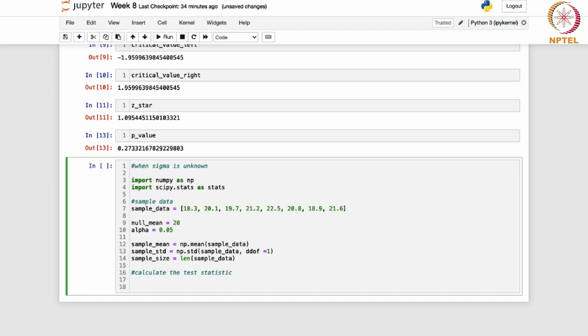So in this case, let us write T star would be sample underscore mean, what you have calculated, minus the null mean, and you are dividing that by sample std divided by sample underscore size to the power 0.5.